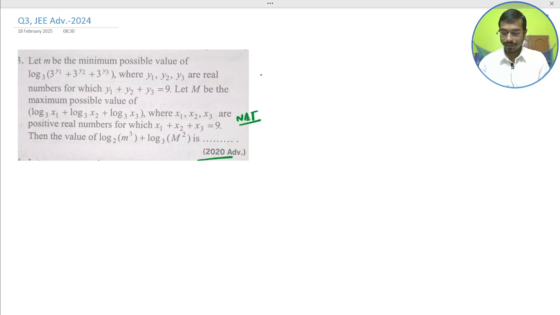So the beauty here is that this is basically the AM-GM inequality.